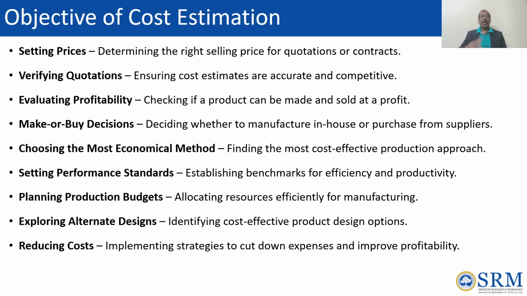Then alternative design: if we could make it in a cost effective way with the available facility, or if we want to change some product design, for that we need a cost estimation. And reducing cost by implementing various strategies or analysis: if we could reduce the overall cost, with that we can increase the profit.